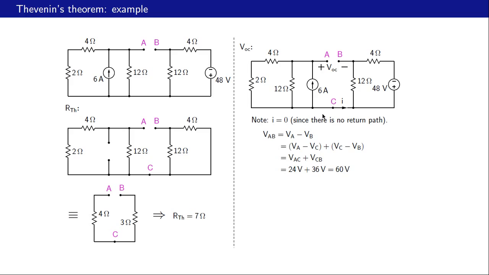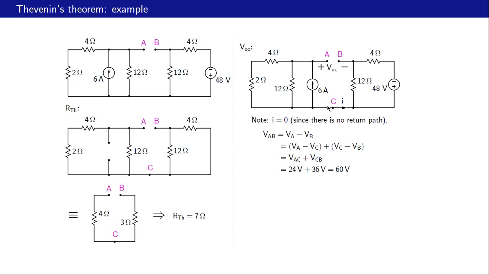What about VCB? VCB is given by voltage division of this 48 volts between 12 ohms and 4 ohms. So it would be 12 divided by 16 times 48, and that turns out to be 36 volts.